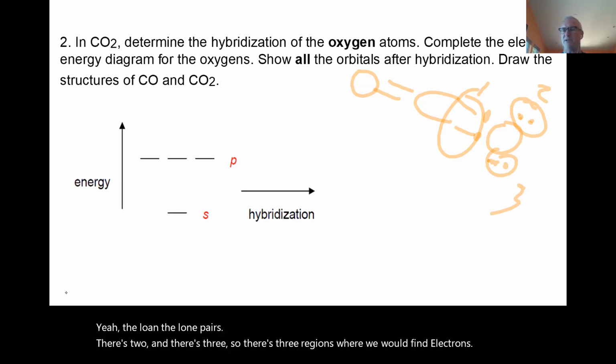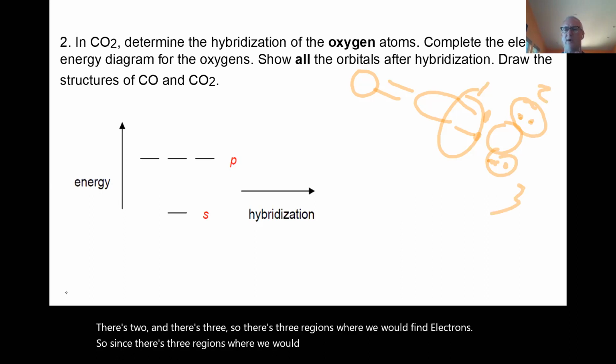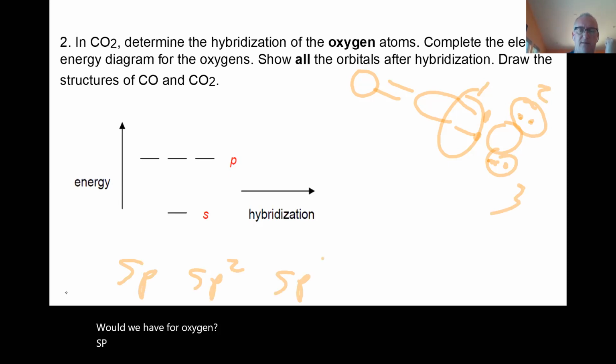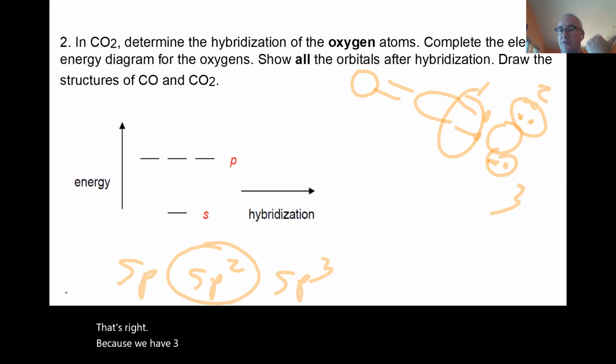So since there's 3 regions where we would find electrons, what hybridization would we have for oxygen? sp, sp2, or sp3? sp2. That's right. Because we have 3 regions of electron density.